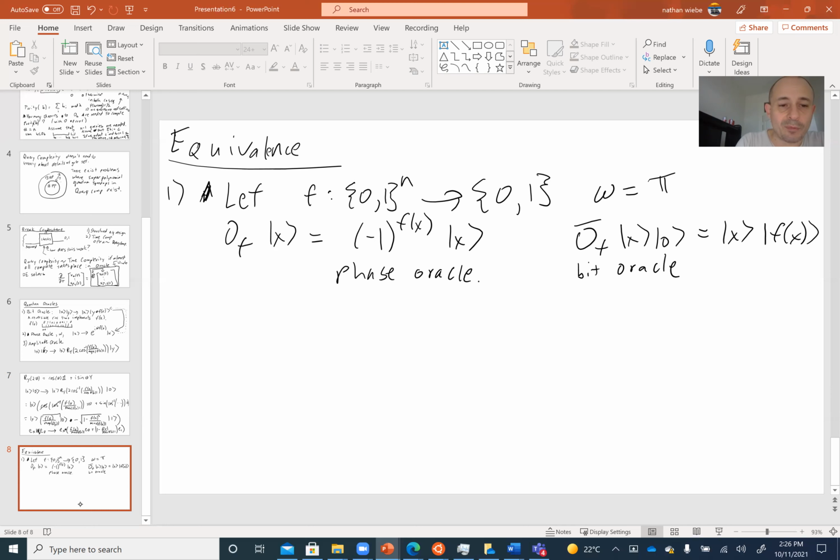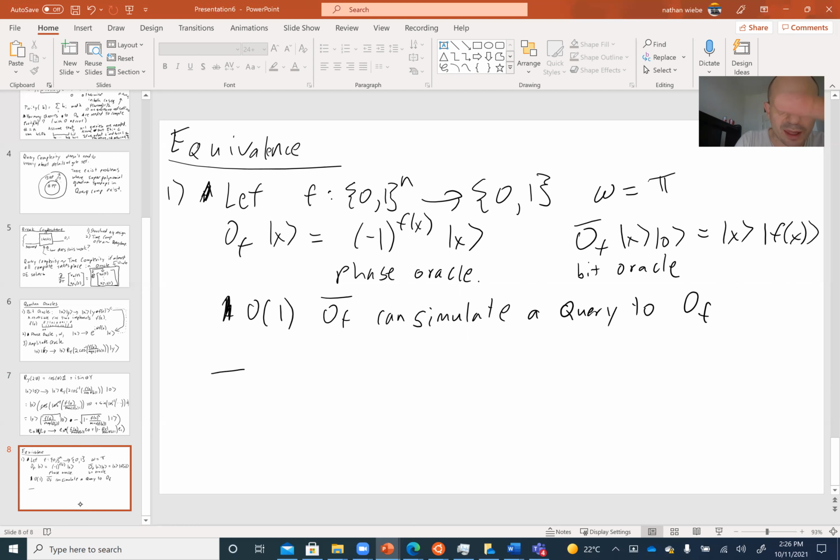The claim is that a constant number of queries to Ō_f can simulate a query to the phase oracle O_f. And this is how we can do it. So let's begin by preparing a state |x⟩ up here and |0⟩ down there.